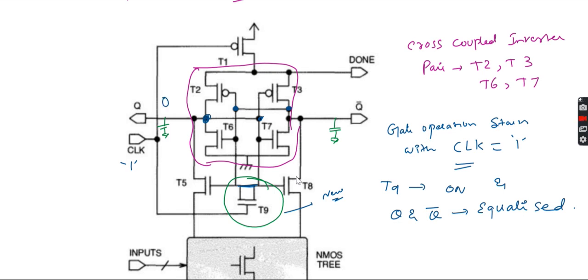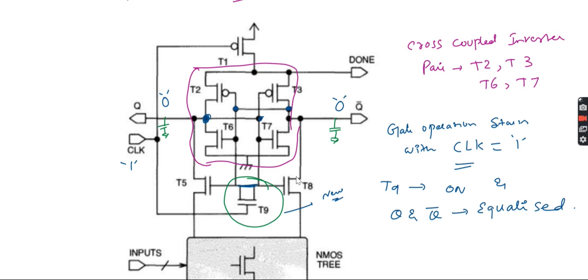Initially it is 0, because it is an improved version of the previous one. Previously we started with the pre-charge with 0, so even this also will be 0. Both are 0 here. You can see this improved. So it starts with the node Q and Q bar equalized.